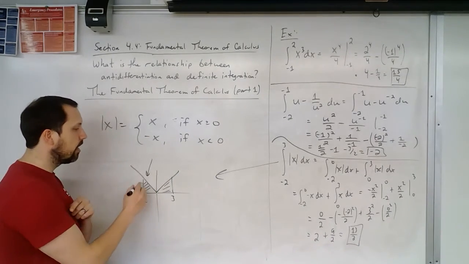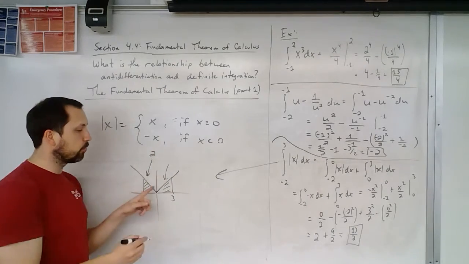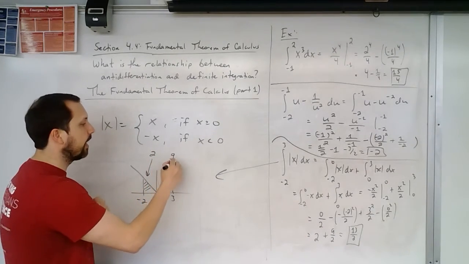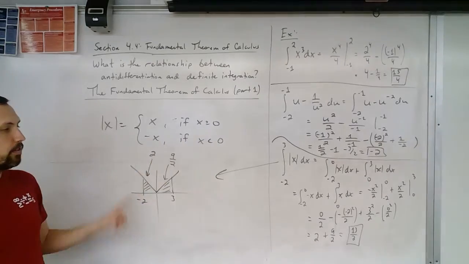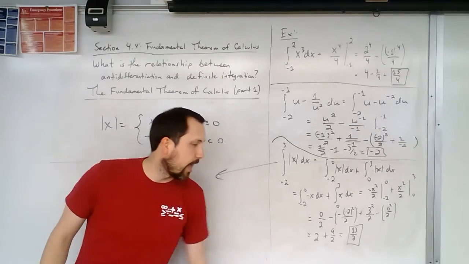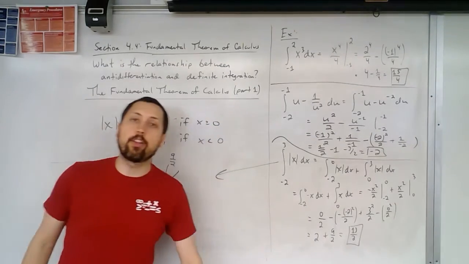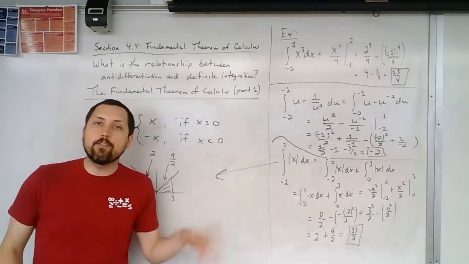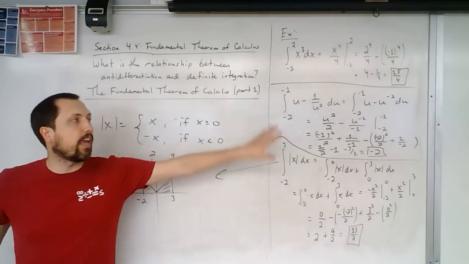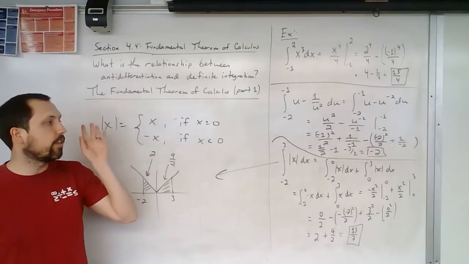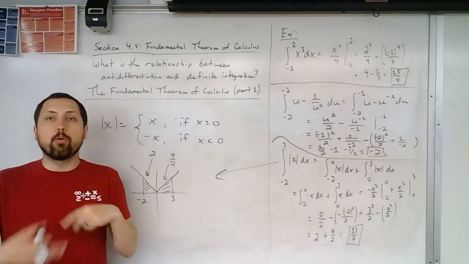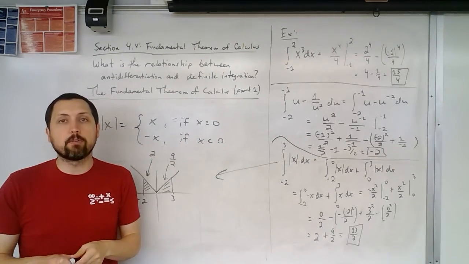So this has an area of 2. Area of this one, 1/2 the base times height. This has an area of 9/2. You add those together, you get 2 plus 9 halves, you get 13/2. So all of this is interconnected with the antiderivatives with our areas through this magical fundamental theorem of calculus.